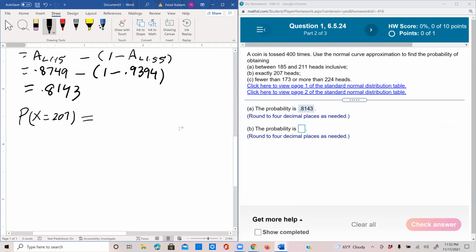Similarly here, the range of numbers that round to 207 are all those numbers that are greater than or equal to 206.5 and less than 207.5. So this range you can convince yourself rounds to 207.